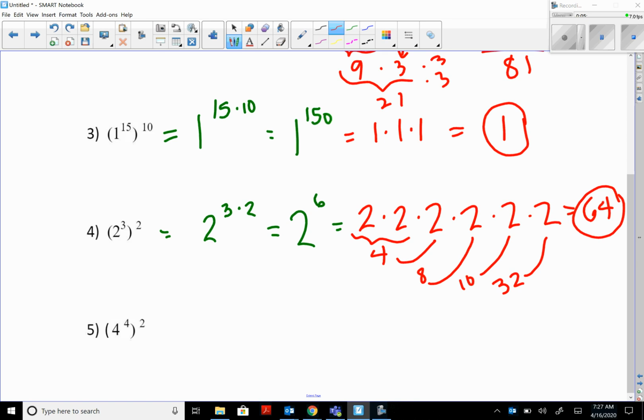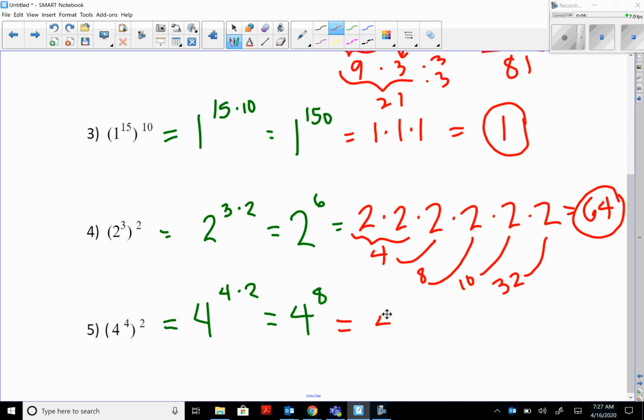All right, last one. Using the power of a power property, I am going to multiply the exponents. So 4 times 2, that's going to result in 4 to the power of 8. Hopefully you have a calculator for this one, but if not, you can do it with me.